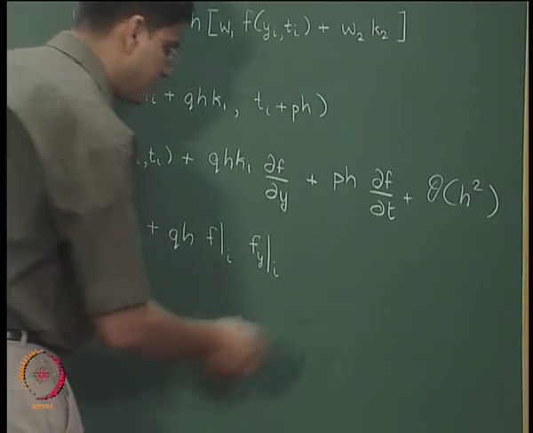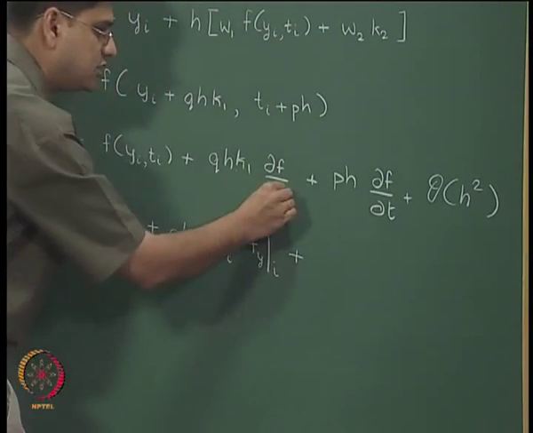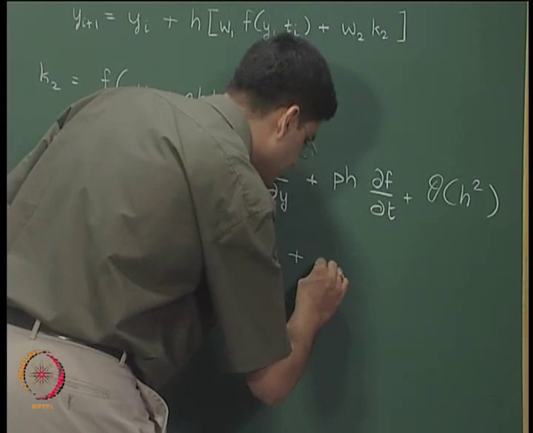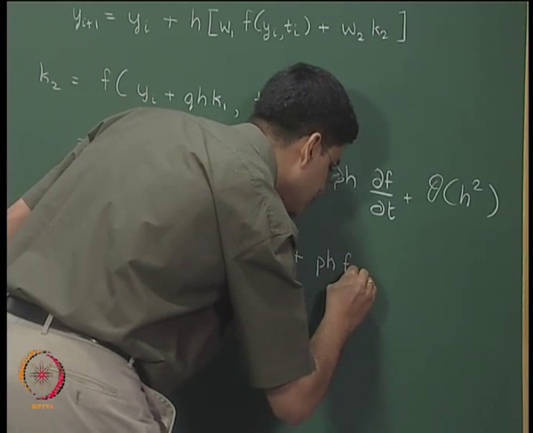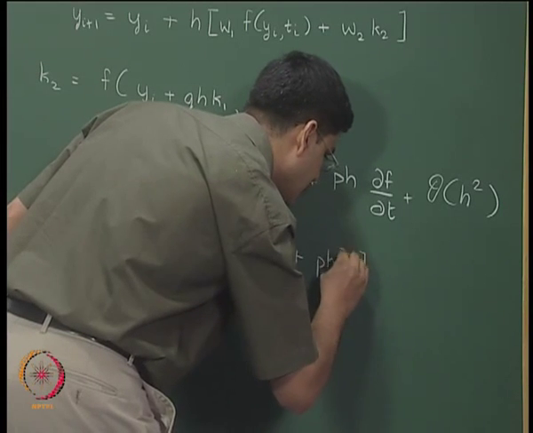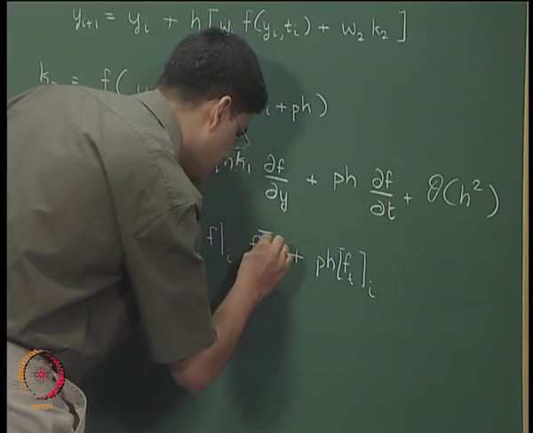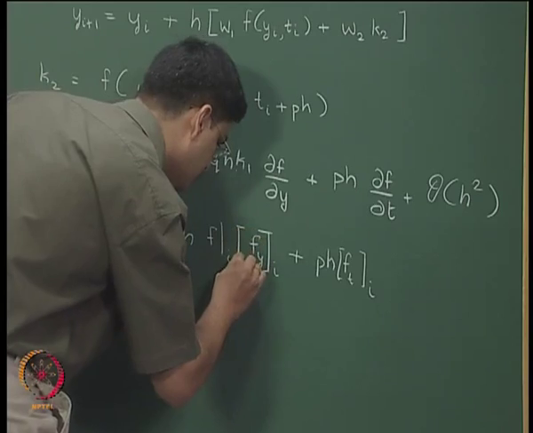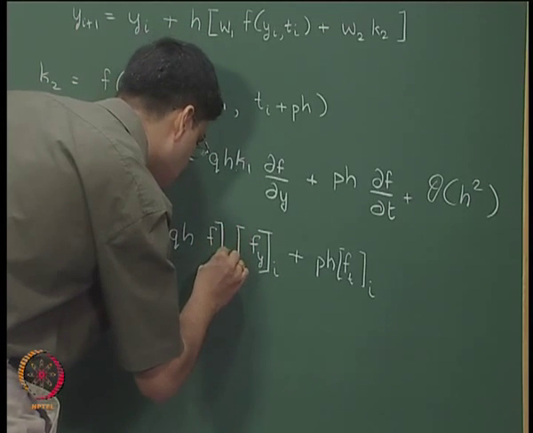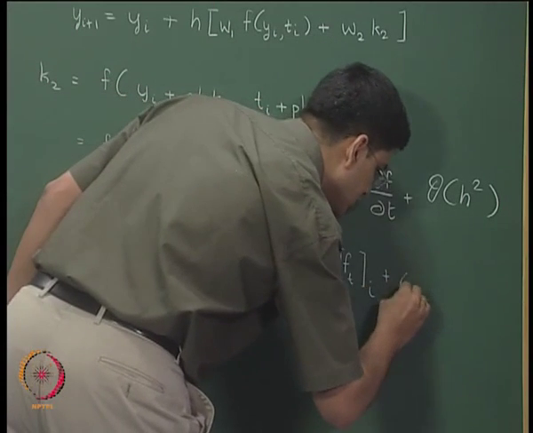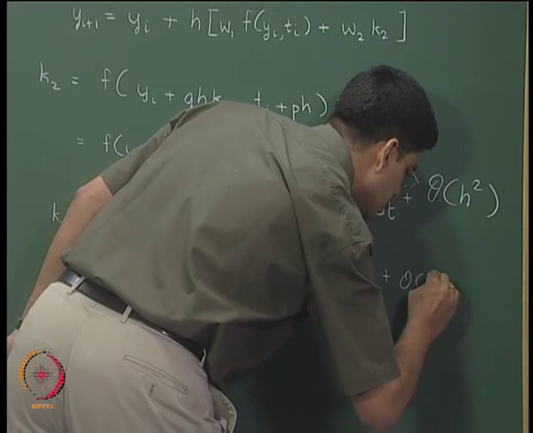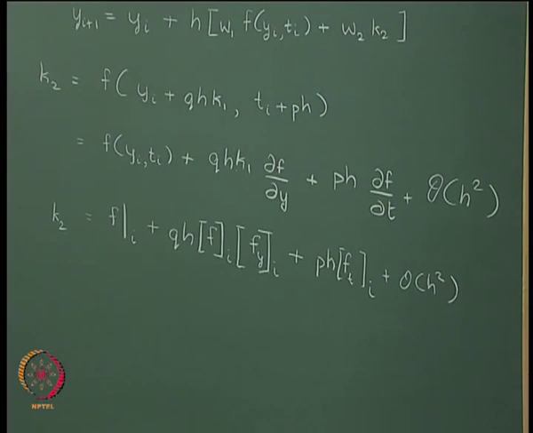So, this is what we get for this particular term, and for this term we will have p multiplied by h multiplied by ft computed at I. Okay. So, that is what k2 is going to be. Okay.